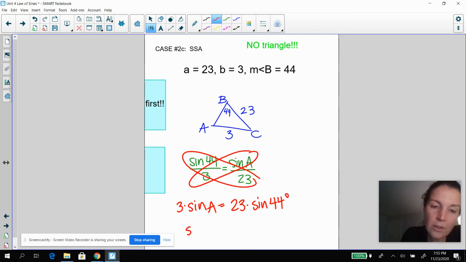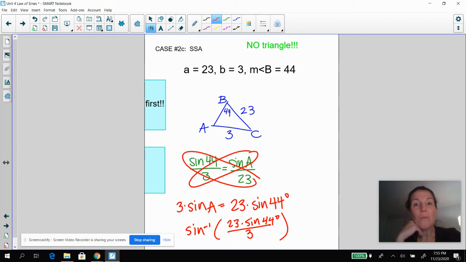And so then in your calculator, you would do inverse sine of 23 times the sine of 44 degrees divided by 3. And you probably got an error. So when you get an error in your calculator, if you do it correctly, that means you have no triangle.